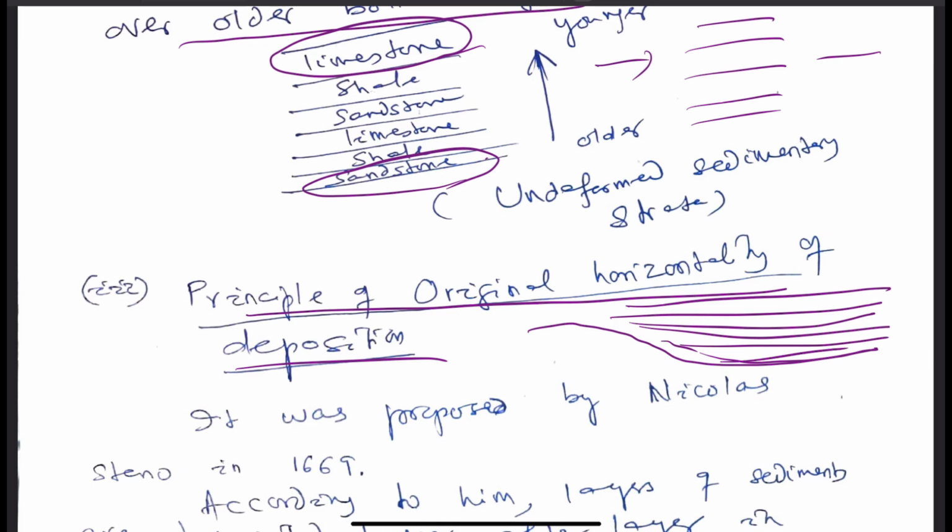So it is a type of deposition of sediments horizontally in the basins. Basins are being filled up by the sediments. So older rocks come at the bottom, younger rocks come at the top.